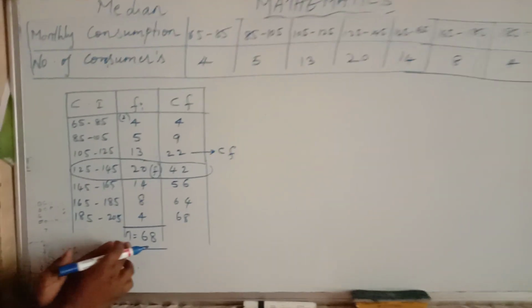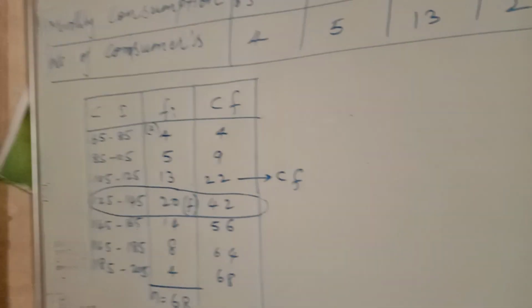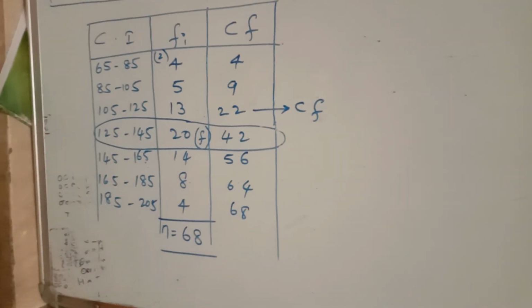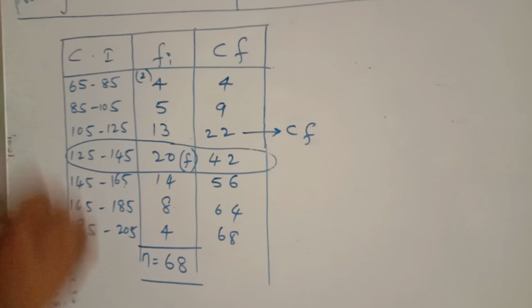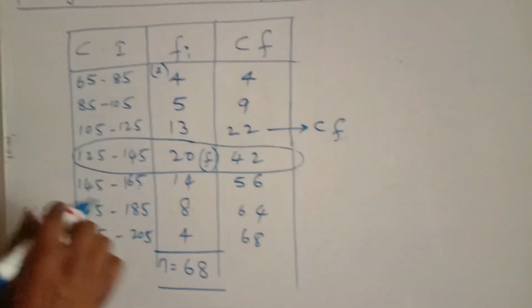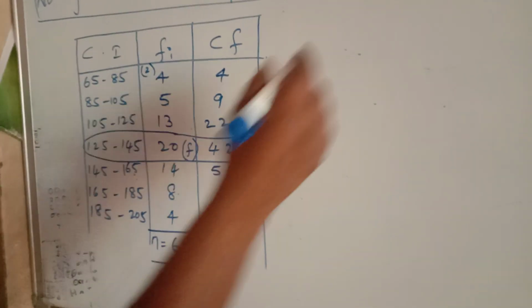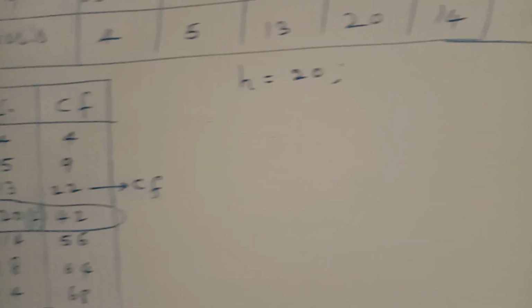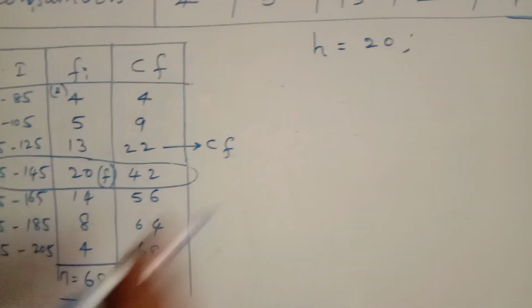You know N, f and CF, and at the same time see what type of classes they are. If the upper boundary repeats as the lower boundary of the next class, such classes are called exclusive. For exclusive classes you take the size of the class interval as usual: 65 to 85, the difference is 20, 105 minus 85 is 20, 125 minus 105 is 20. So h equals 20.